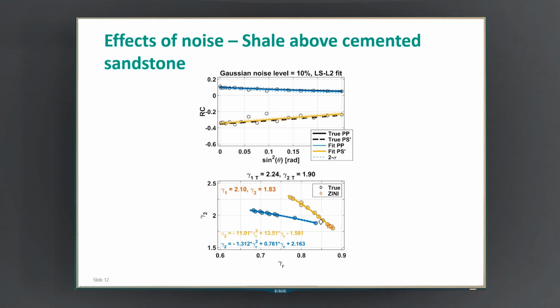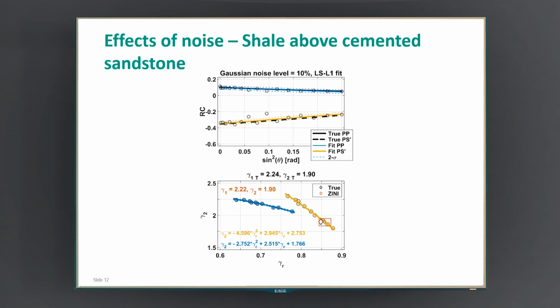Adding Gaussian noise to true reflection coefficients will distort the selection of models best satisfying the fits to P2P and P2S random points. It is important to emphasize that the fits are calculated with L2 norm. Thus, the intersection of the quadratic lines obtained from the best fitting models will happen away from the true solution. Gamma 1, gamma 2 equals 2.10 and 1.83 in this case, respectively.